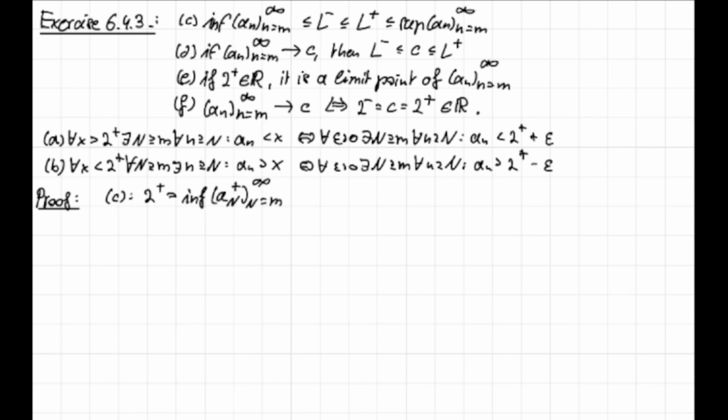And this supremum is actually just a part of the sequence. And if we take the infimum of the sequence, then of course a part of the sequence will be greater than the infimum. So this should be clear just by the definition.